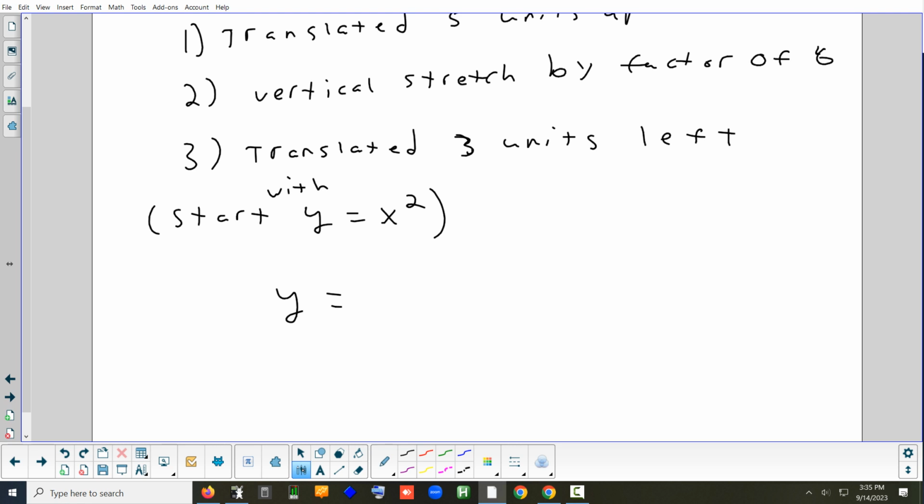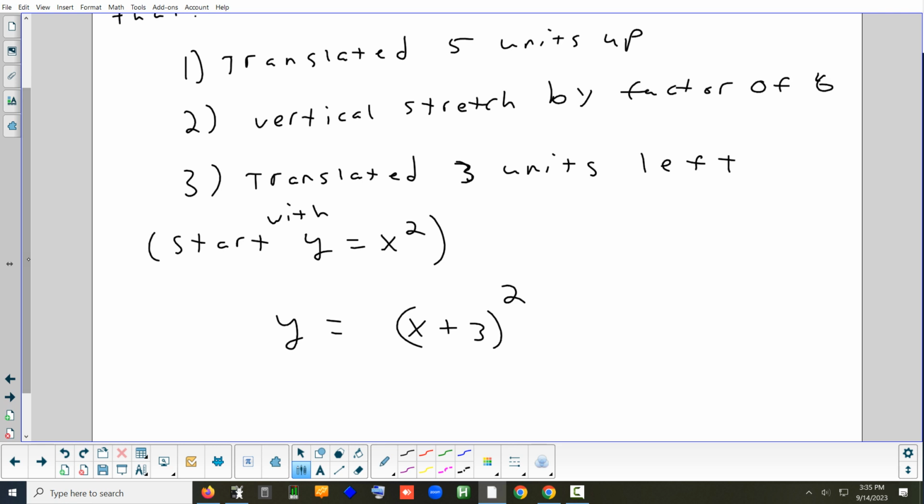And remember, this is horizontal. For horizontal, yes, you have to do the opposite. So if you want to move it to the left, you have to add. So the first part would be x plus 3 squared. That's a shift 3 units to the left.